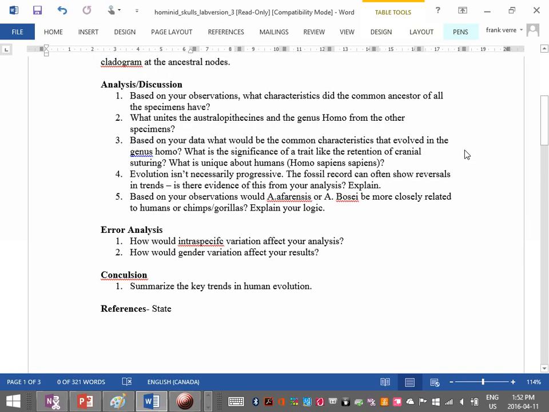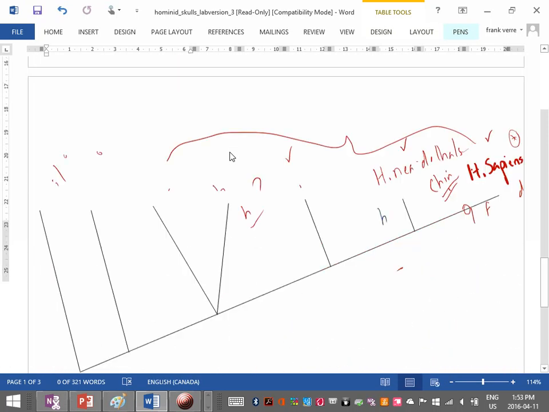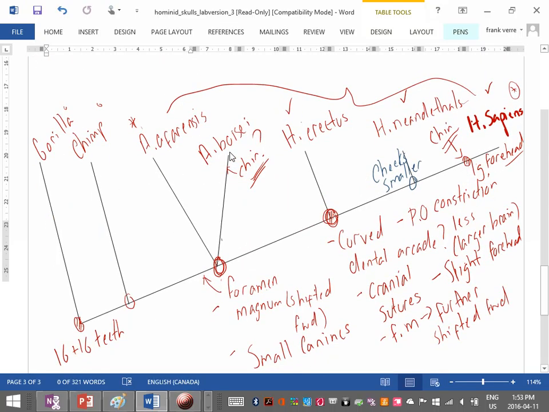Number 3. Based on your data, what would the common characters be that evolved in the genus Homo? So what would the common ancestor of members of the genus Homo have had? What do you think? Claudia? Yep.